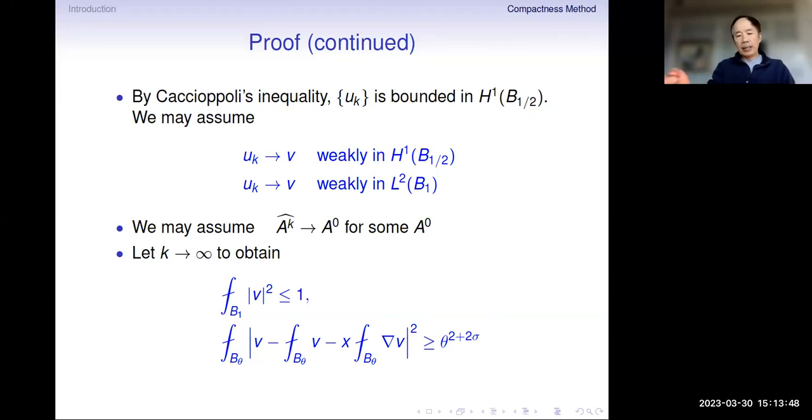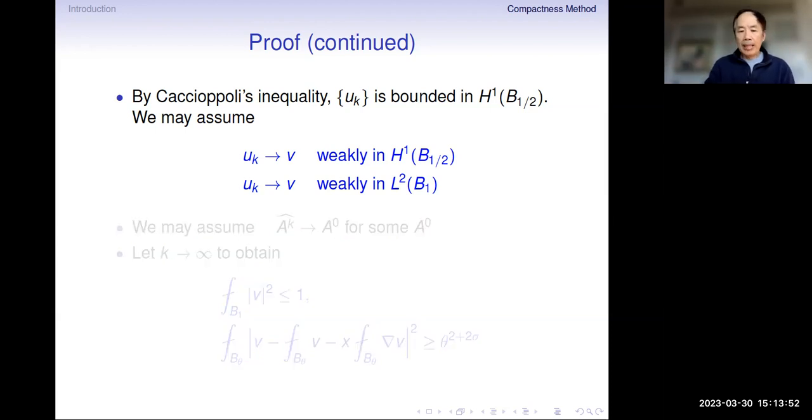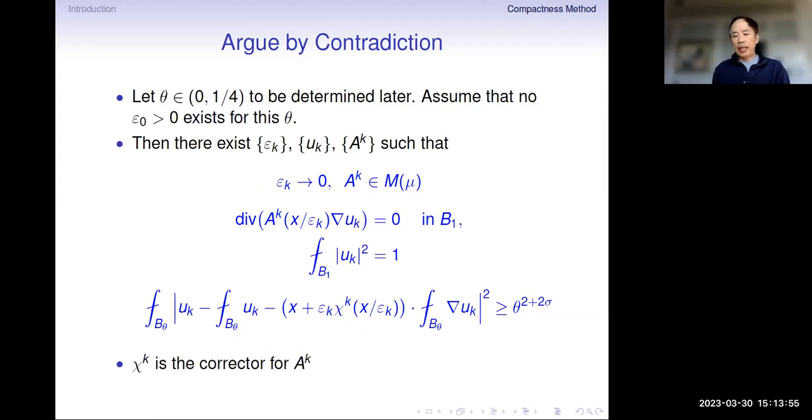So the limit will have L2 norm bounded by 1. And in this inequality here, you can take the limit. You see, u sub k converges strongly in L2 because it weakly converges in H1. So the first term converges, the average converges, and the average of the gradient also converges because you have a weak convergence.